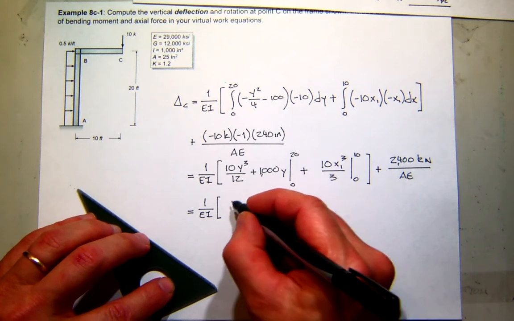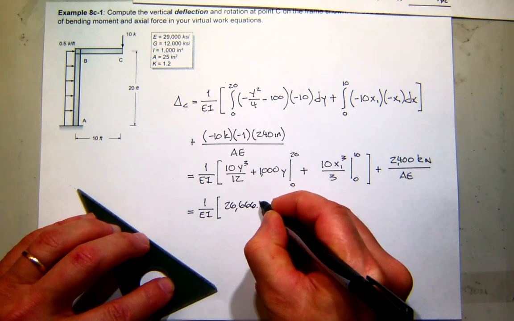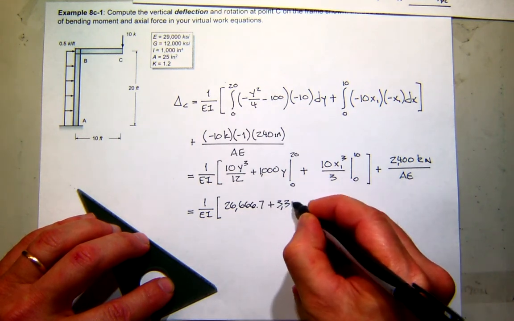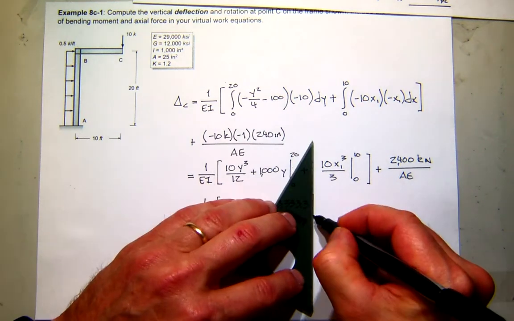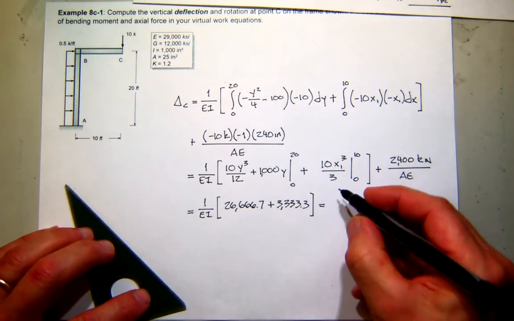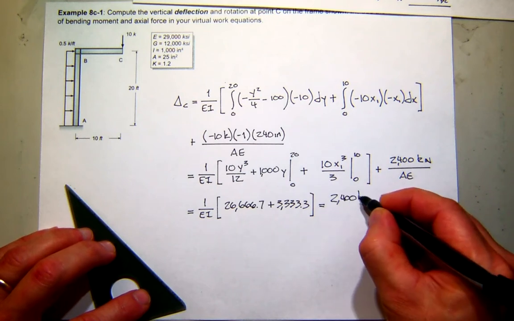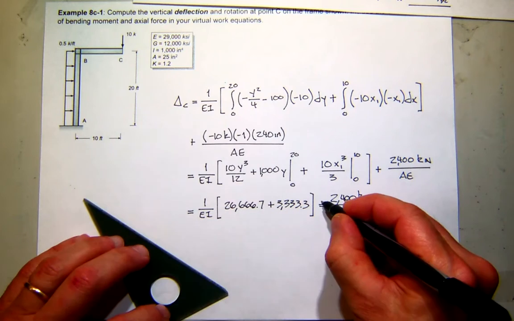Yeah. And we already said this was 3,333.3. It looks like that's going to add up to something nice: 30,000. Wow. And this is 2,400 kip inch divided by, oh, that's a plus, not an equal.